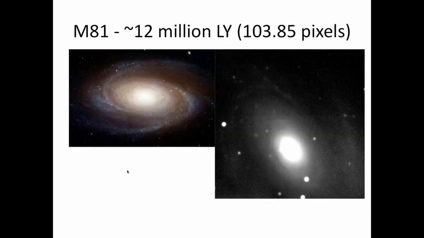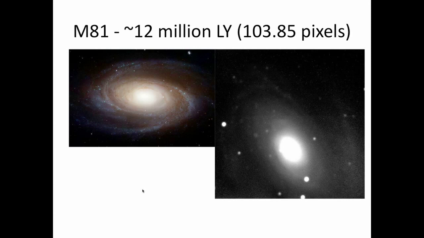So what I did is I took my image, which is obviously the one that's not so pretty as the one from the internet, and I also found out how far it was, and then all I did is I measured the distance across the bright part.